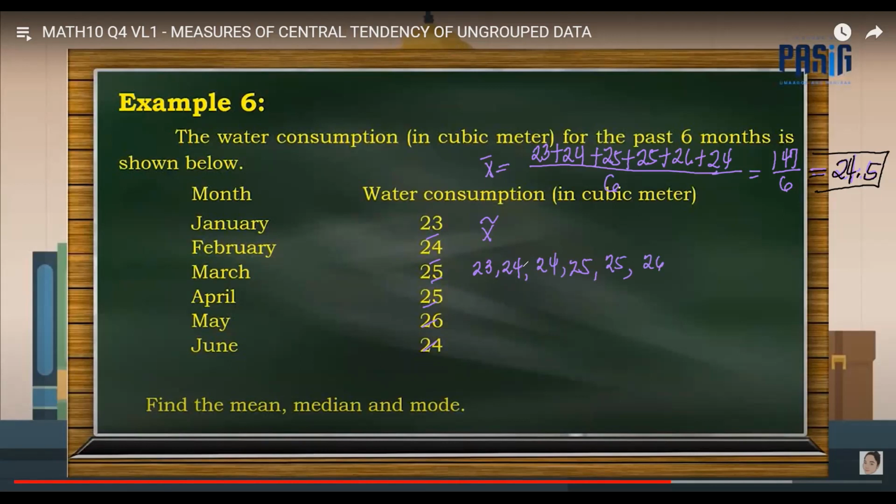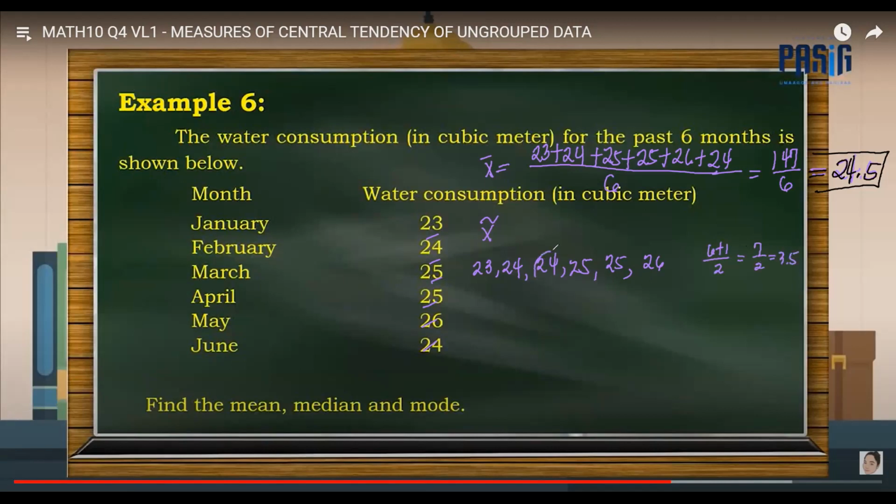So yung middle value natin 1, 2, 3, 4, 5, 6. 6, ibig sabihin nasa 3.5 yan. Kasi 6 plus 1 divide by 2. So that's 7 divided by 2, 3.5.